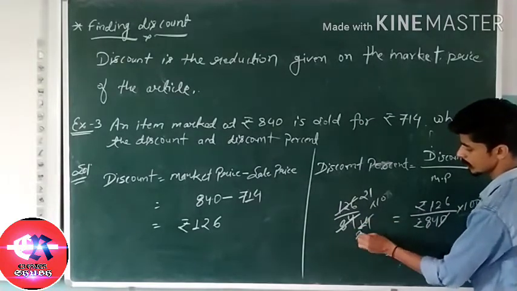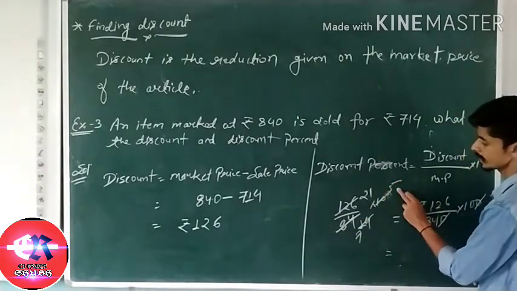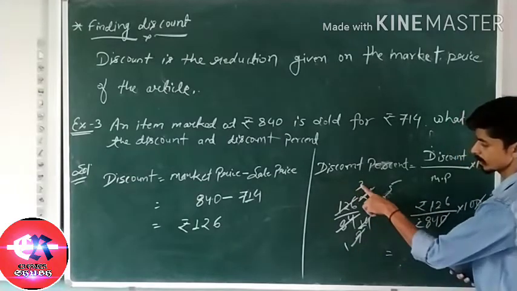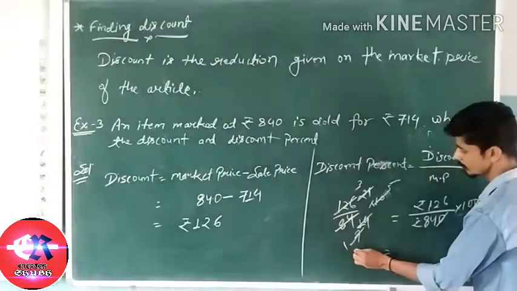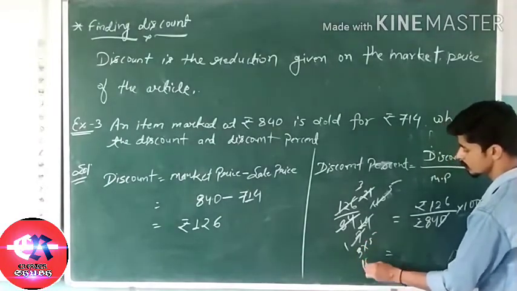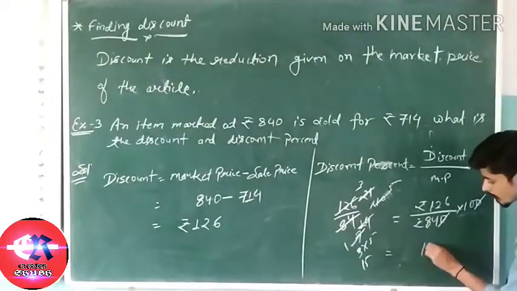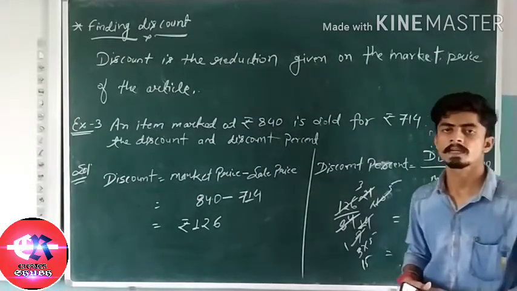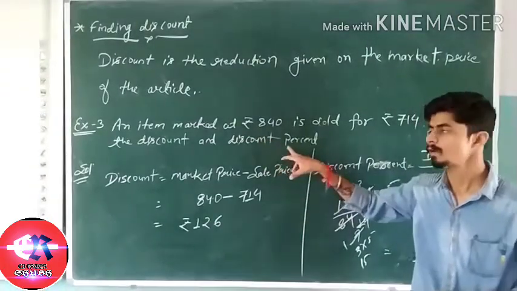Now 2 7s are 14 and 2 5s are 10, 7 1s are 7, 7 3s are 21, 3 and 5 will remain. So 3 into 5 is equal to 15. That means 15% is the percent of discount given on the particular item by the shopkeeper.